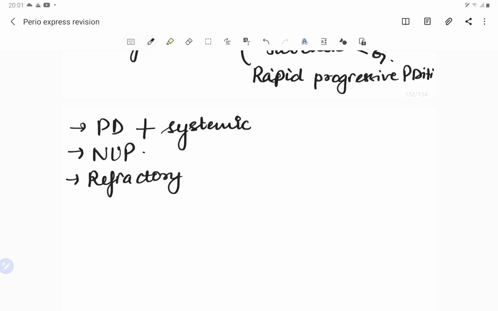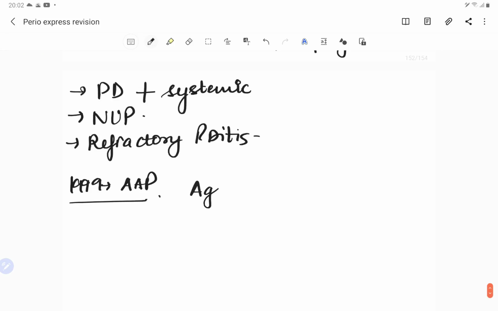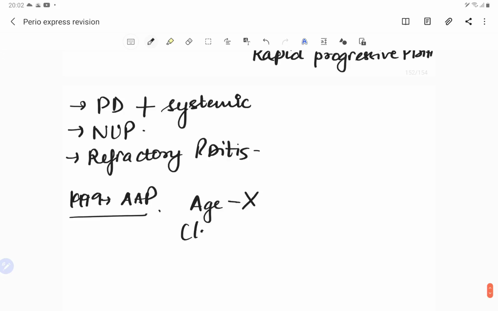So certain clinicians said that this should be changed, and finally in 1999 the AAP group suggested that this classification should not be based on age, it should rather be based on the clinical, radiographical and lab findings.